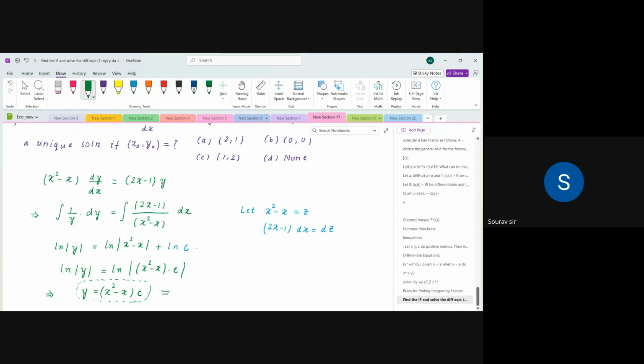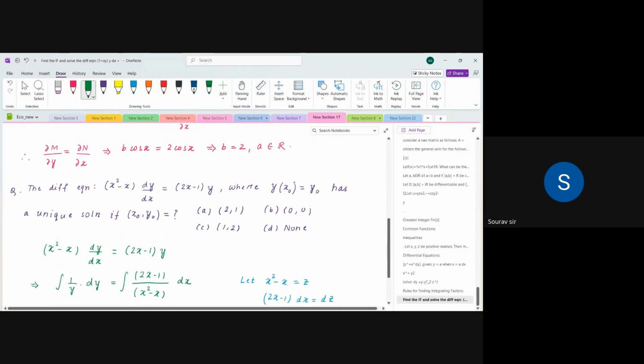This is your general solution, right? And now since we are given this additional statement over here, I hope all of you can understand that this means that you can find out the value of c and obtain the particular solution, right?